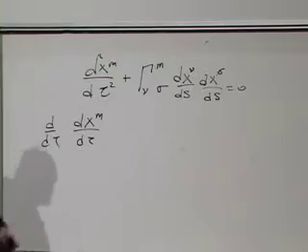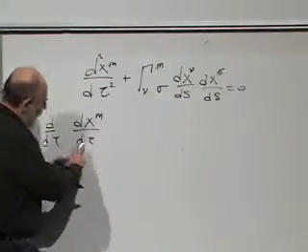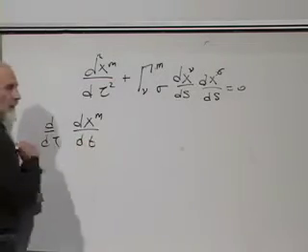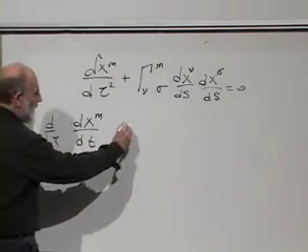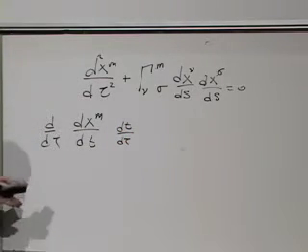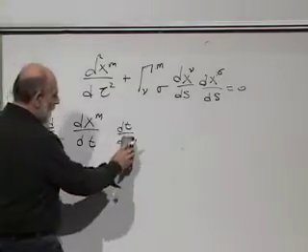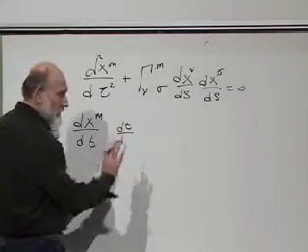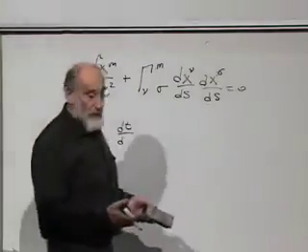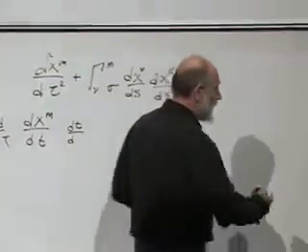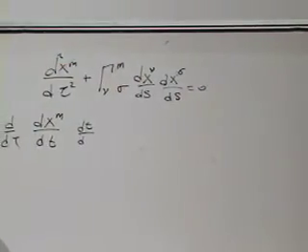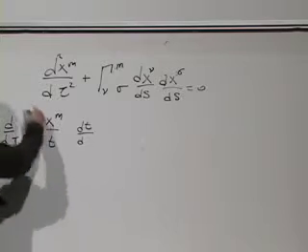But we simply use the rule that differentiating with respect to tau is the same as differentiating with respect to t, and then multiplying by dt d tau. But what is dt d tau? It is not 1. We have to remember what t is in terms of tau. Well, we have to work out what dt by d tau is. But we know what it is.